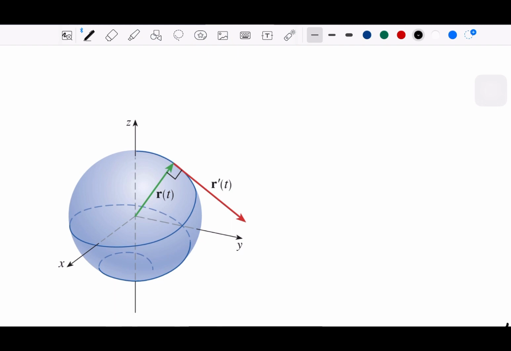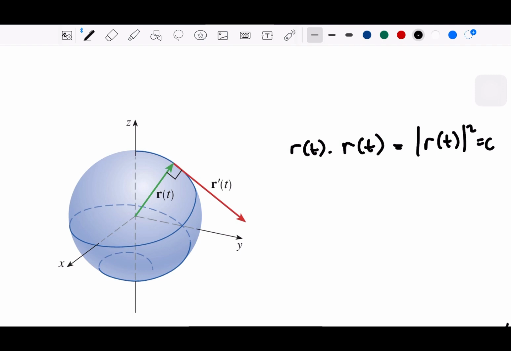Okay? And we can also prove this using the idea that r(t) dot r(t) is a scalar, right?